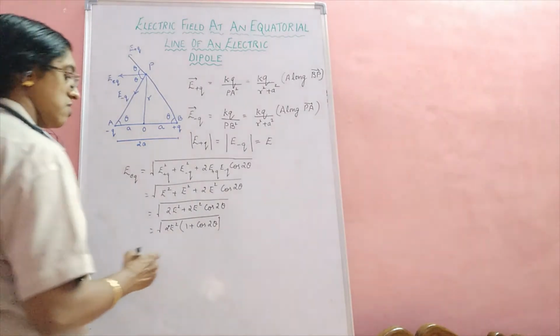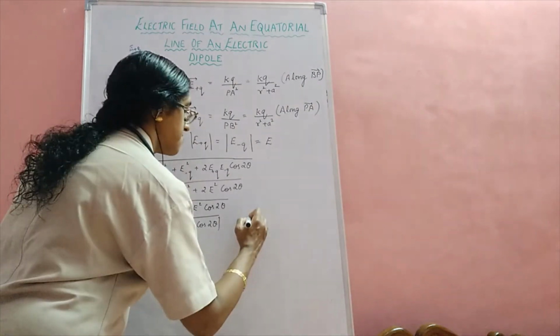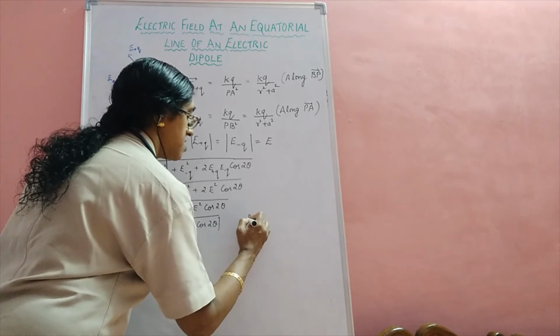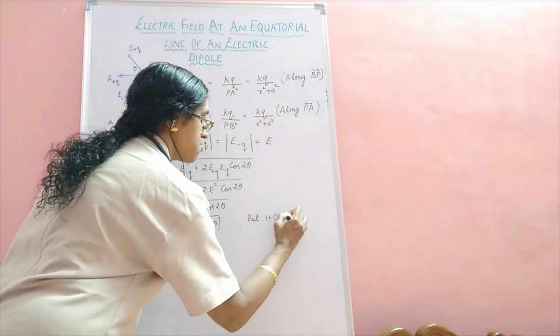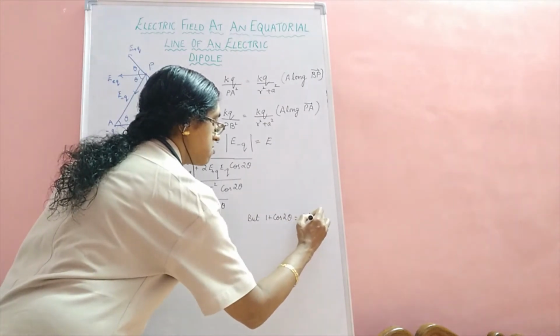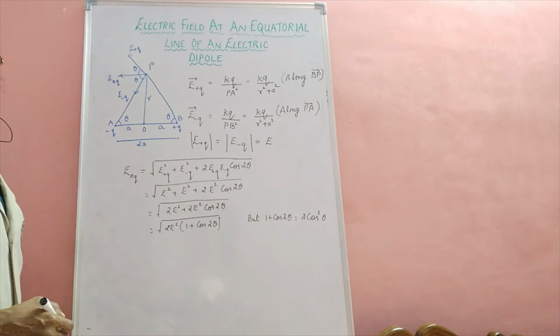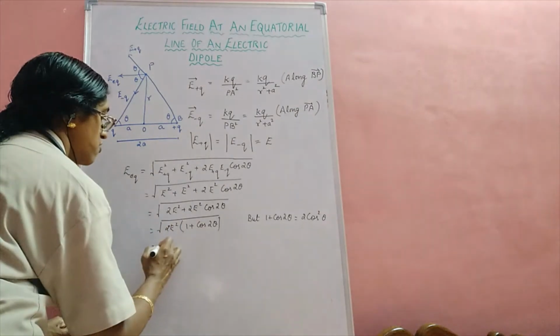Right? Now, 1 plus cos 2 theta is equal to 2 cos square theta. Mathematical formula. So, I'll substitute that there. So, what do we get?